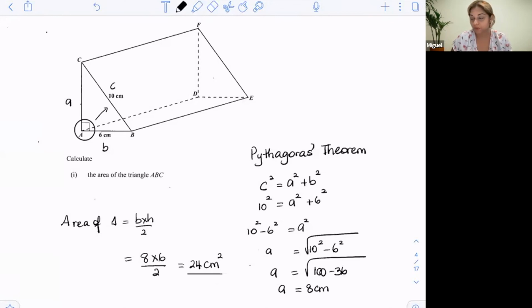Let's go through that again. The cross section of a cylinder is a circle. If I cut this cylinder, I am going to see a circle. The cross section of this cuboid is a rectangle. If I cut it at any point, the cross section is a rectangle.